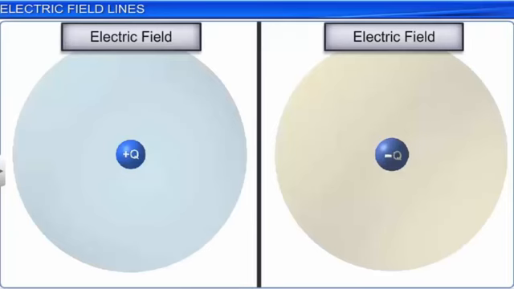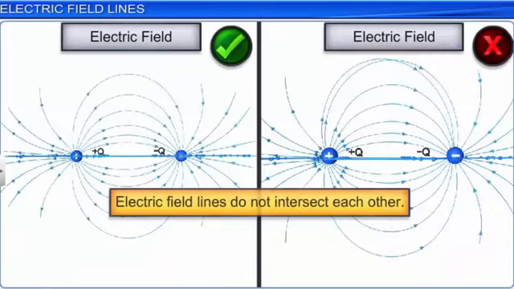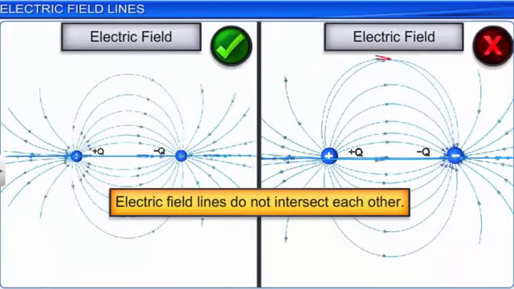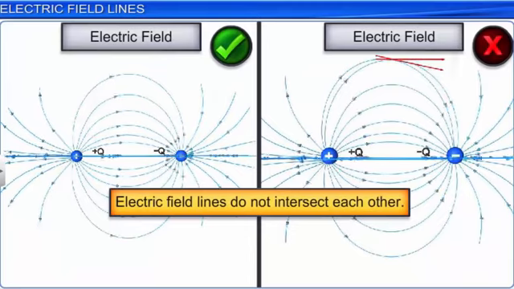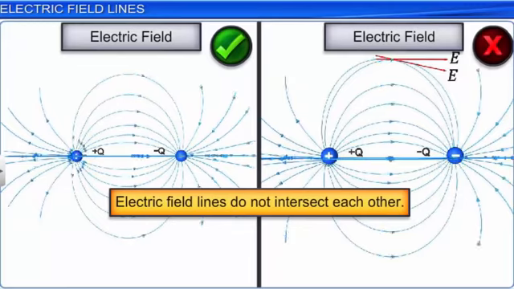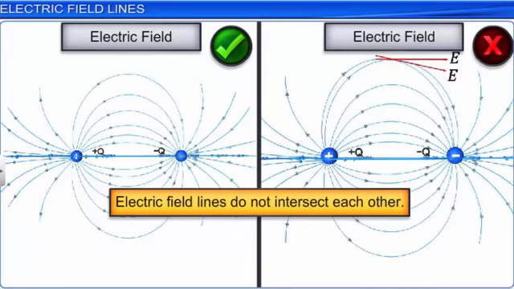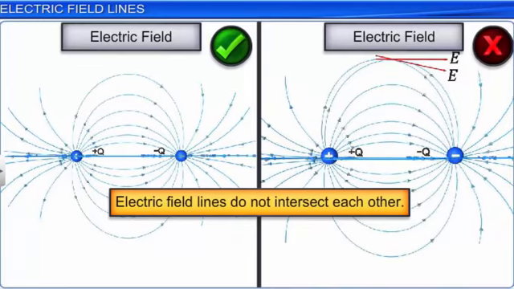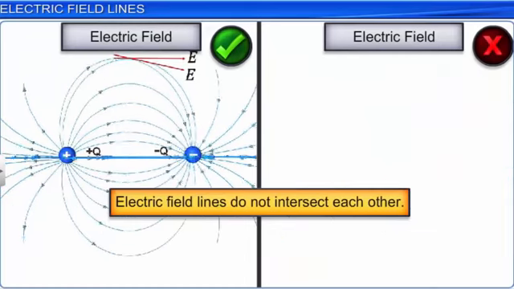For a single charge, they may start or end at infinity. Electric field lines do not intersect each other. If the electric field lines intersect each other, then at the point of intersection there will be more than one direction for the electric field, which is not possible.